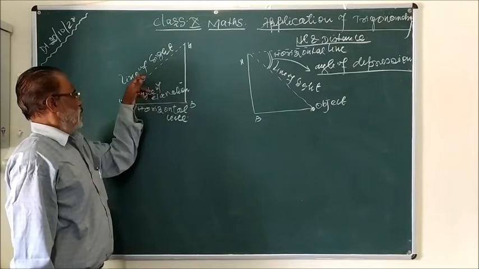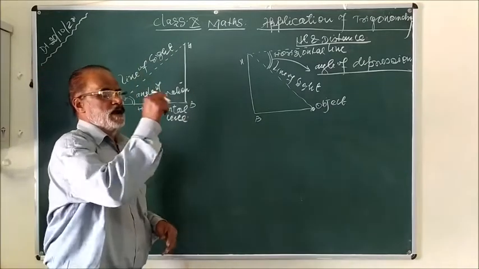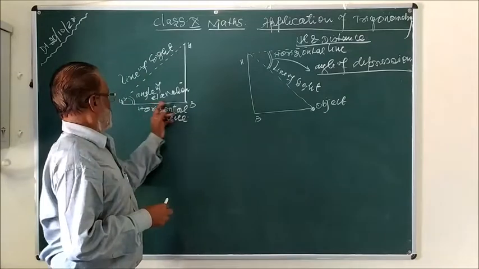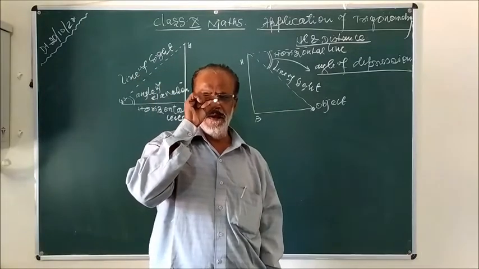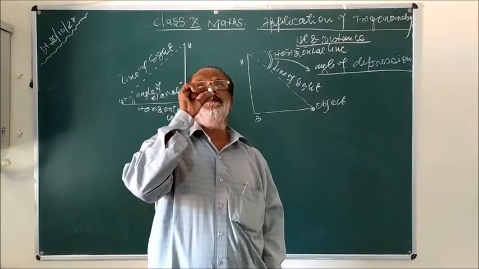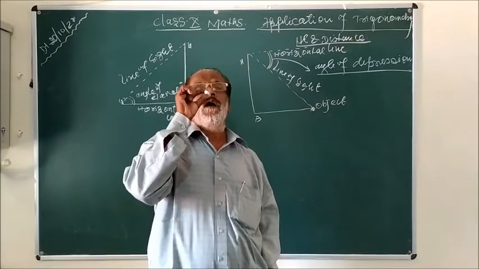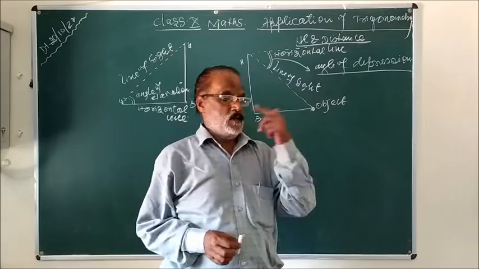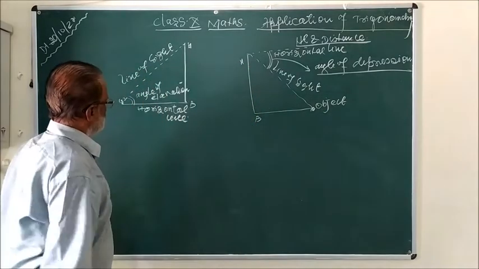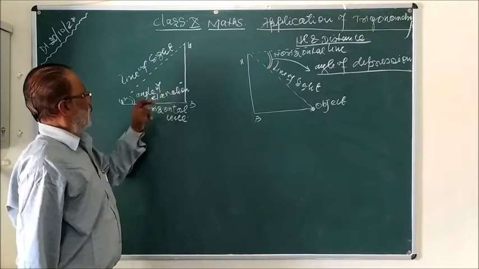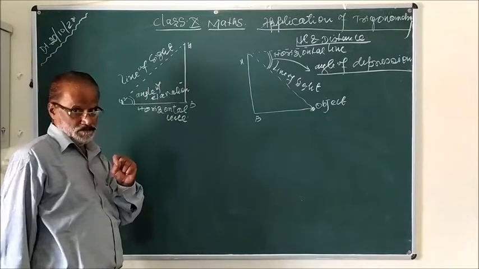So this is called the line of sight. This is a horizontal line, like this. Now if you want to see the top, you have to move your head, so an angle is formed. That angle is called the angle of elevation.